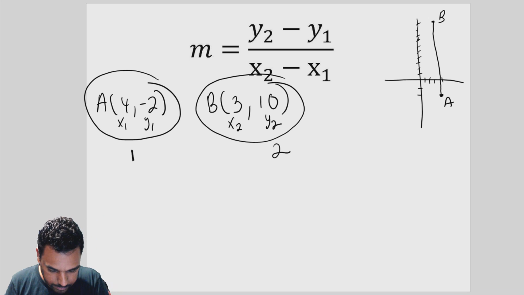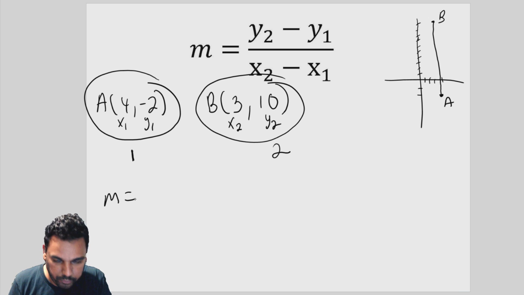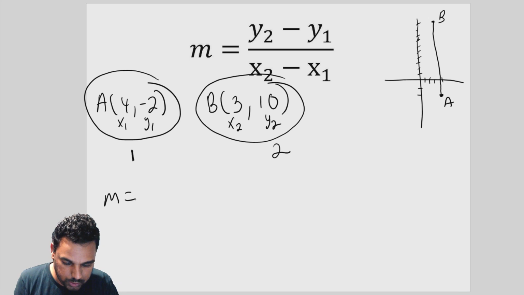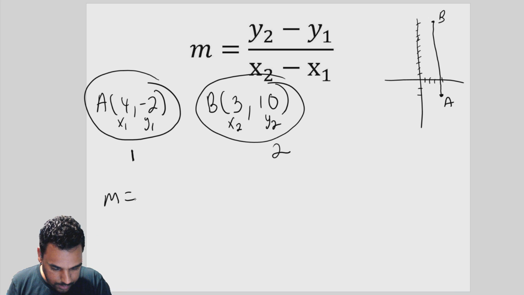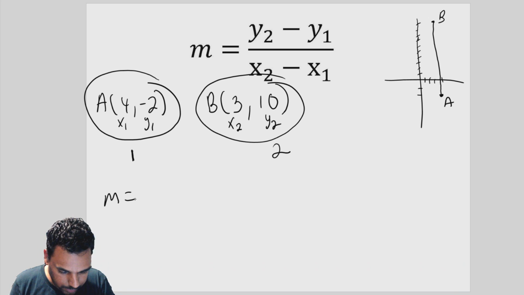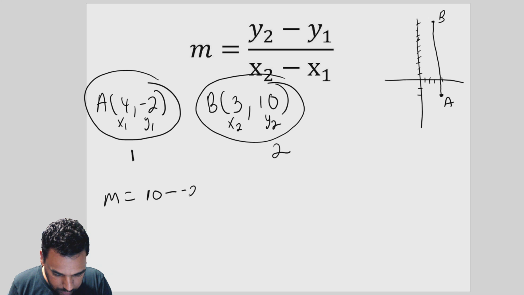Okay, so let's see. M stands for slope. There's a historical meaning behind that. French mathematician, the word starts with the letter M. In some countries, it's actually a different letter. Okay, so M is slope, and the formula is y2 minus y1, so that's 10 minus -2, over x2 minus x1.